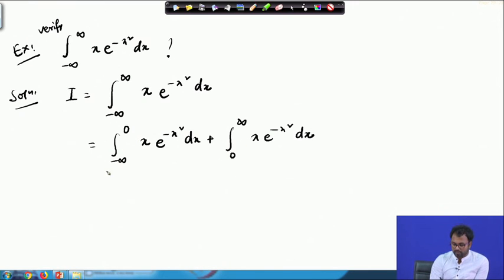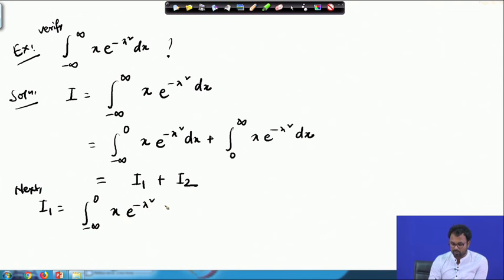Now, I can call this one I1 and this one I2, and then I evaluate I1. So, next we can evaluate I1, which is the integral from minus infinity to 0 of x e to the power minus x squared dx, and if I follow the previous definition, then I can write it as the limit as a goes to minus infinity of the integral from a to 0 of x e to the power minus x squared dx.